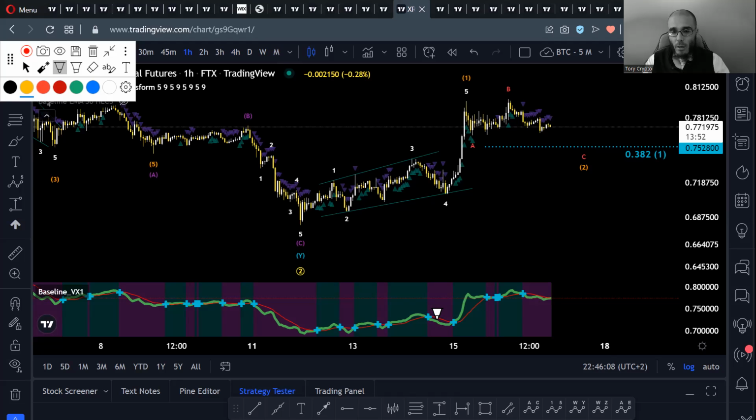When the red line is on top, it's bearish, and you get that pink color. And when the green one is on top and the red one below it, it is bullish, and it gives you that green color. And when they cross, you get the blue cross. You see it here, here, and so on.